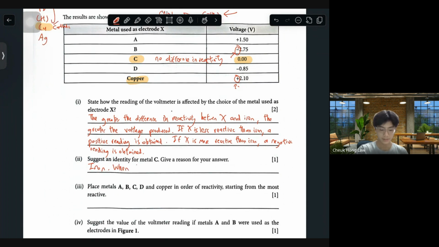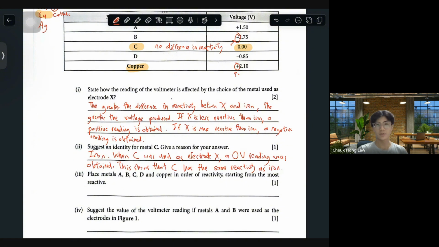When metal C was used as electrode X, a 0 voltage reading was obtained. This shows that C has the same reactivity as iron. If you see zero voltage, that means they have no difference in reactivity, meaning that both electrodes are the same metal.